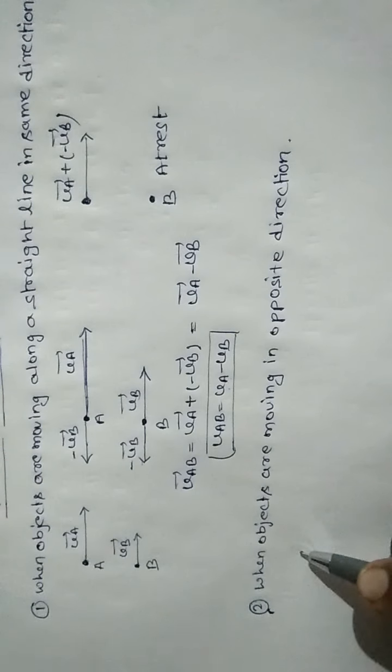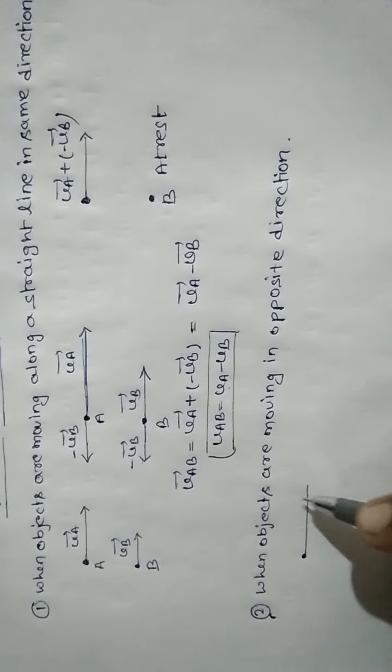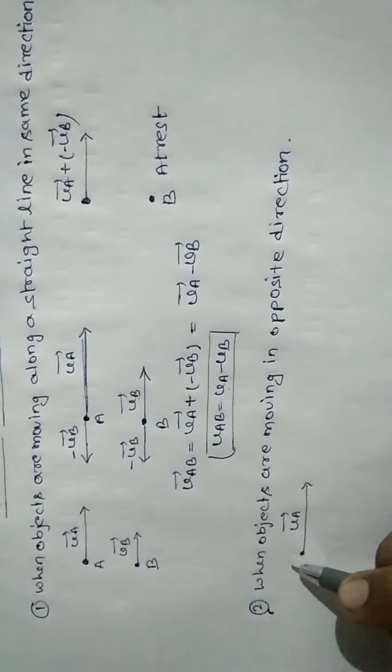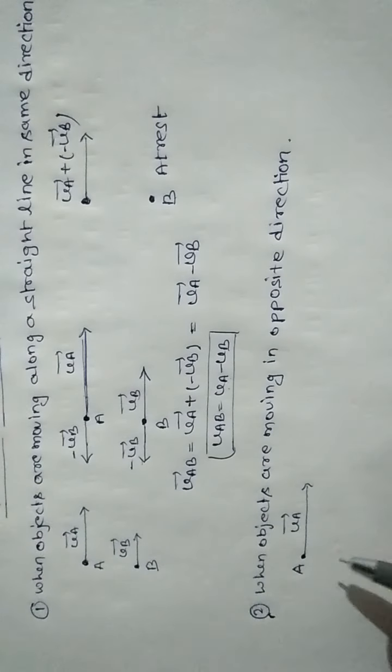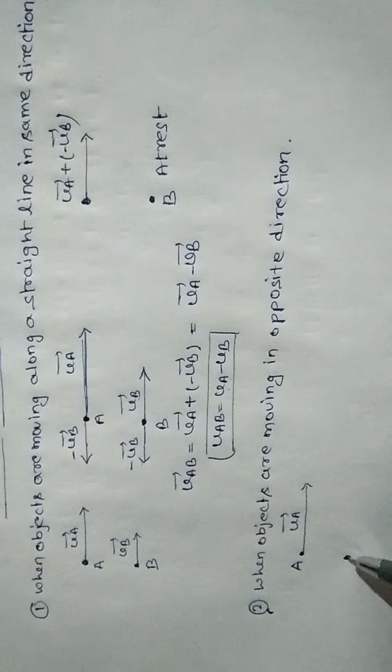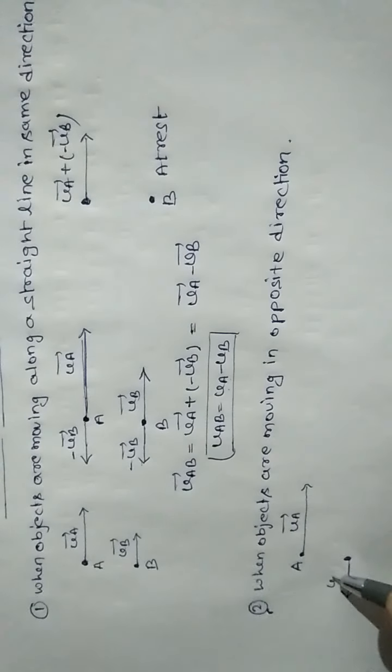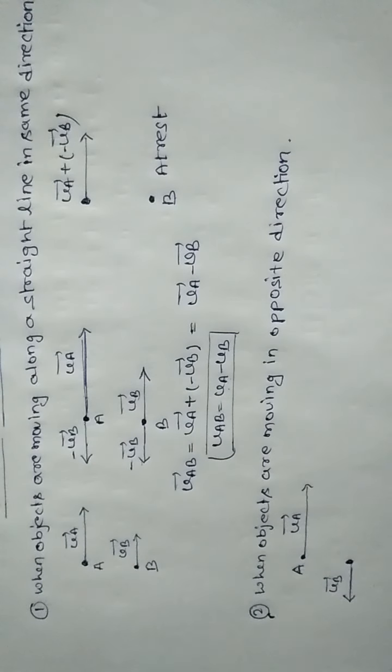Let again there be two objects. Here is A which is moving with velocity VA, and another object B which is moving in the opposite direction and whose velocity is VB.